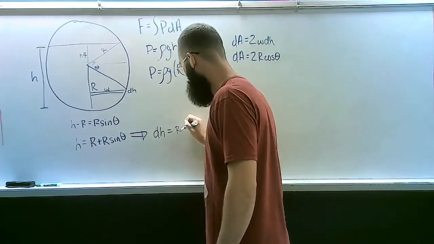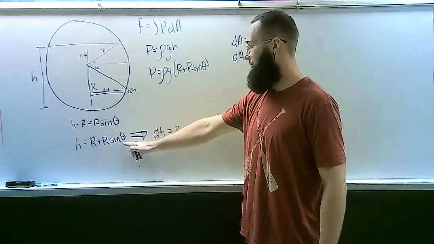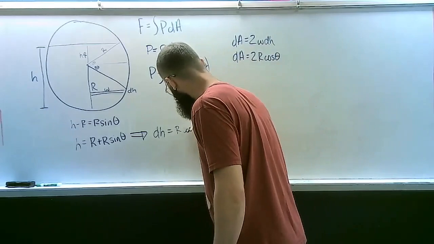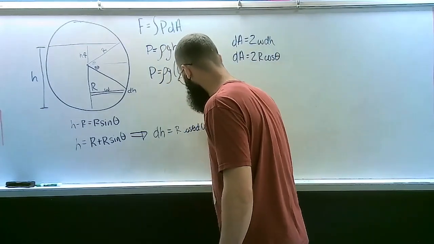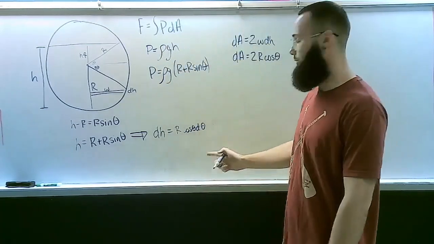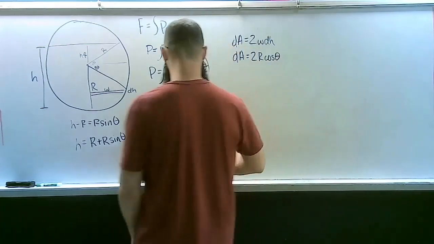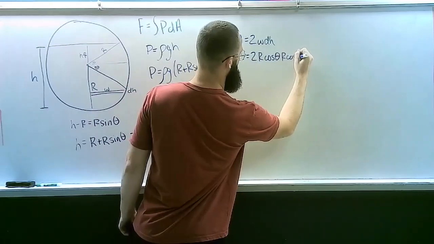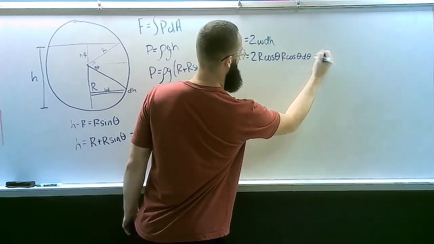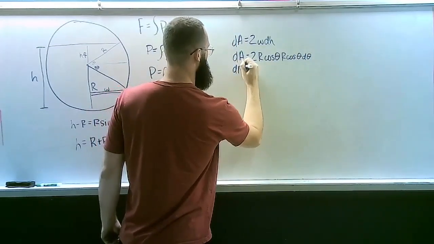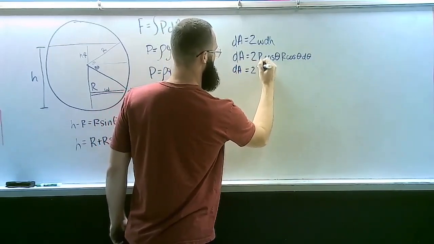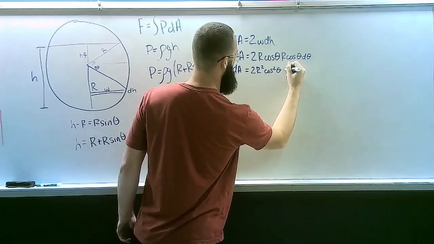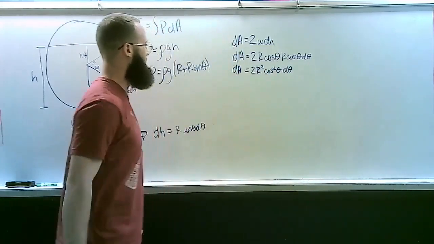So all we're left with is r cosine theta because the derivative of sine is cosine. And then d theta at the end because we're deriving with respect to theta. So now we sub this in for the dh and we get r cosine theta d theta. Well, we can combine these to give us dA is equal to 2 r squared cosine squared theta d theta.